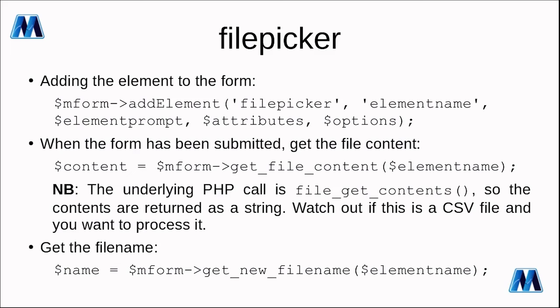So watch out if it's a CSV file and you want to process it, you will need to do something to convert your string into an array and then process your data. And then just to get the file name, you have a call get_new_filename. And again, it's coming from your Moodle form, the definition.